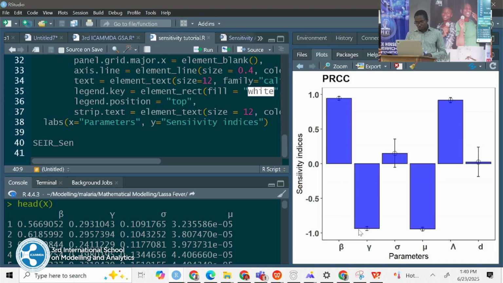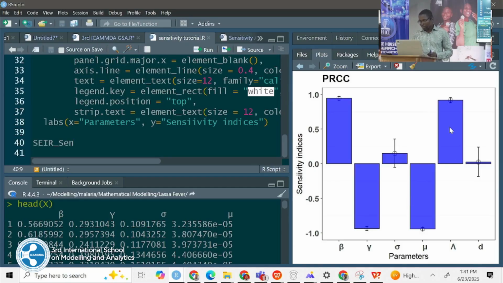It's close to minus 1. Sigma is what? Not strong, not so strong. So we will not be very much concerned about sigma because it will not really impact our model. And then we have mu that also has a strong negative correlation.